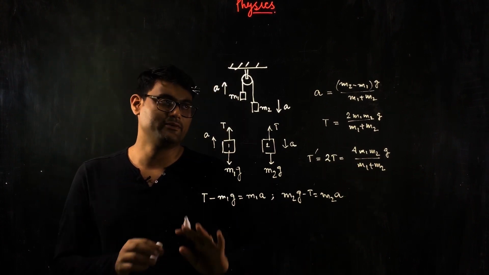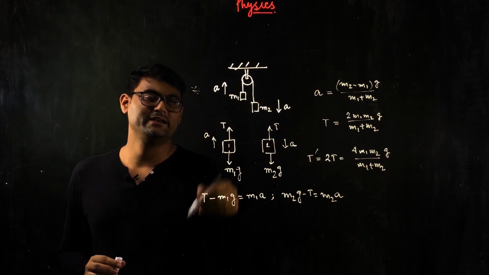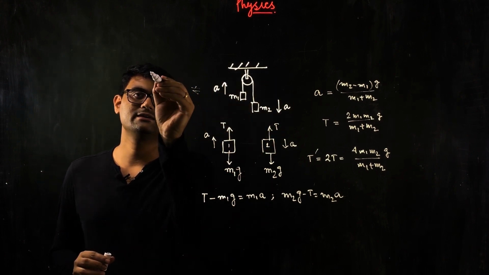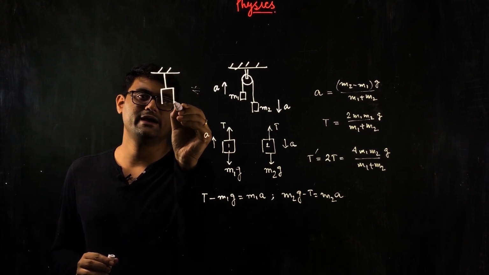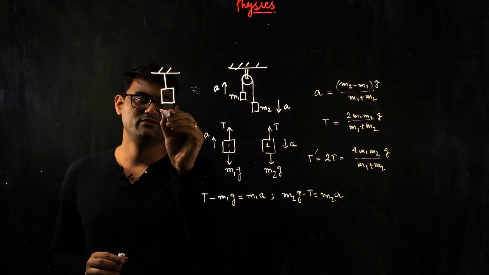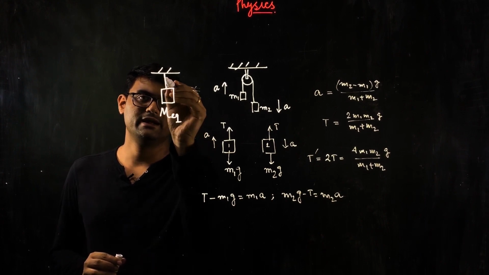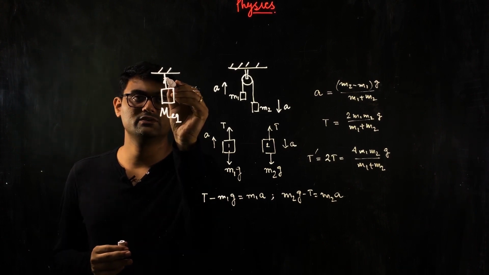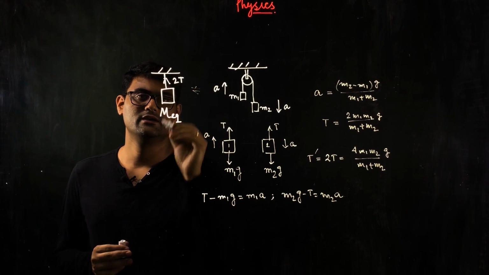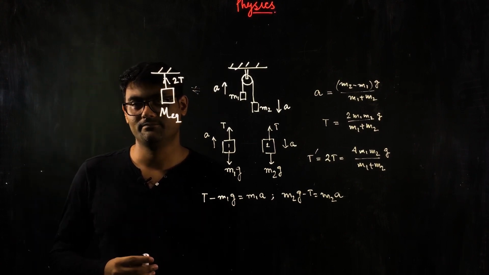So why have I calculated all these things? To represent this entire diagram by a single mass like this. If I represent this entire diagram by a single mass, which I call M equivalent, can I say that M equivalent will be such that it also produces the same tension 2T in the string connected between M equivalent and the ceiling?